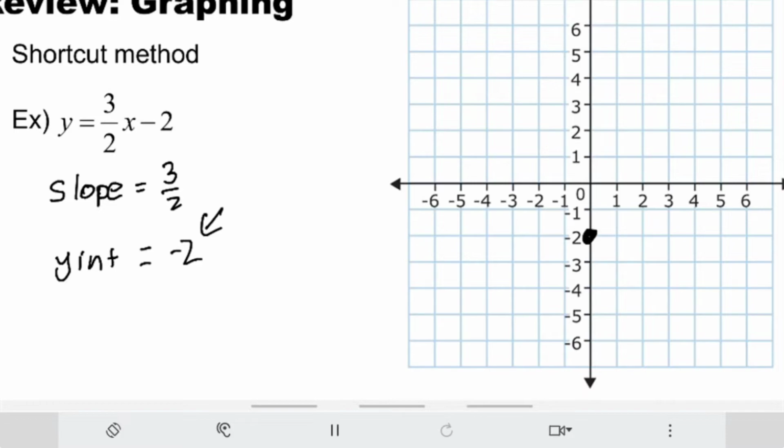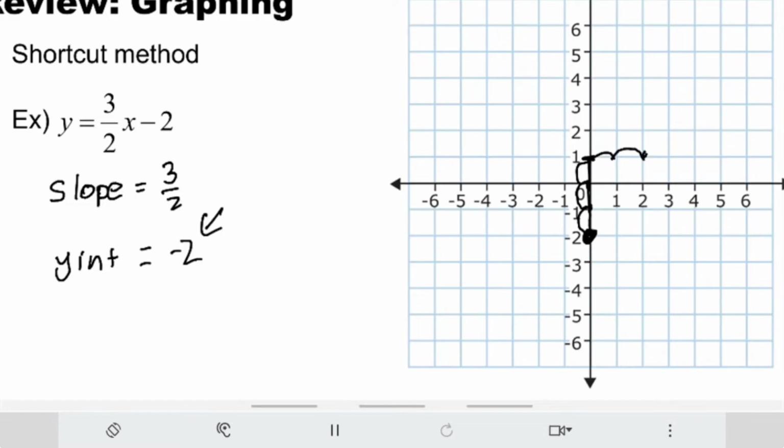Now, in order to graph, we need 2 points. So we're going to use our slope. What our slope says is that from this point, I can find another solution as long as I rise 3 and run 2. So we're going to show that. We're going to go up 1, 2, 3, and then we're going to go to the right 1, 2. Because if I go up 3, I have to go to the right 2.